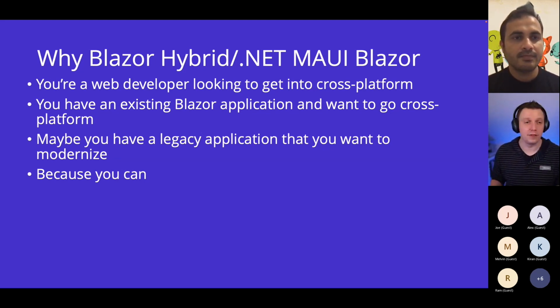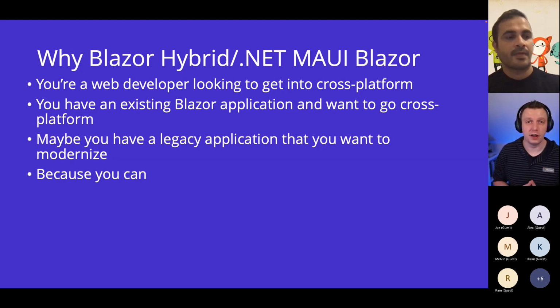Then this might open the path for you. But also the other way around. If you want to build cross-platform apps and you suddenly want to go into web development, or you have an existing Blazor web application and you want to reuse those components inside of a cross-platform app, those are all things that you can take into account. So just use whatever is useful to you, whatever makes sense, whatever you want to work with. Definitely make the right choices based on whatever works for you. That's kind of my message here.